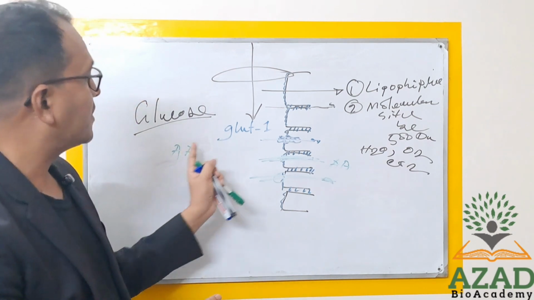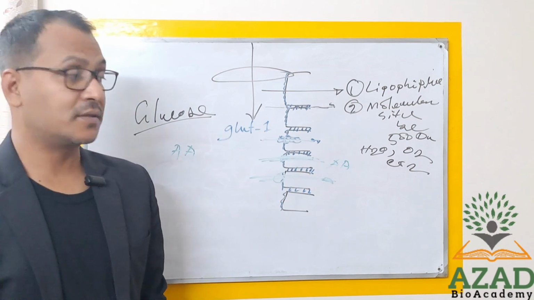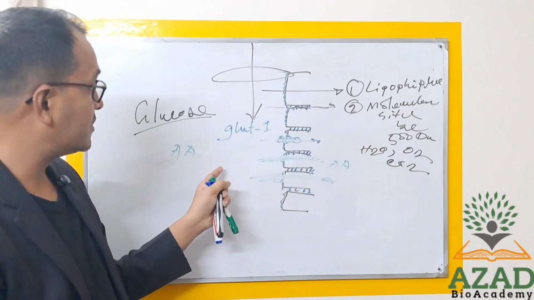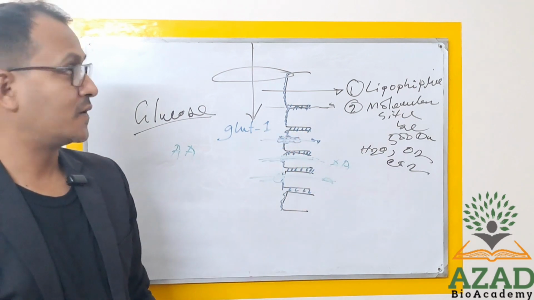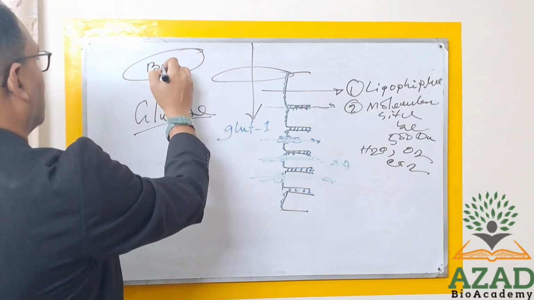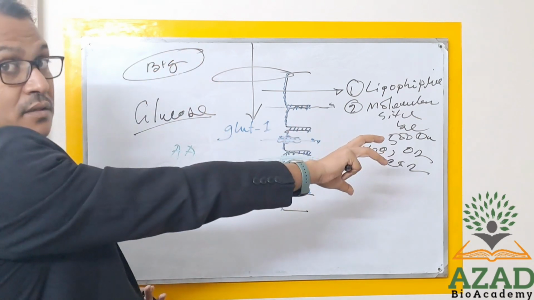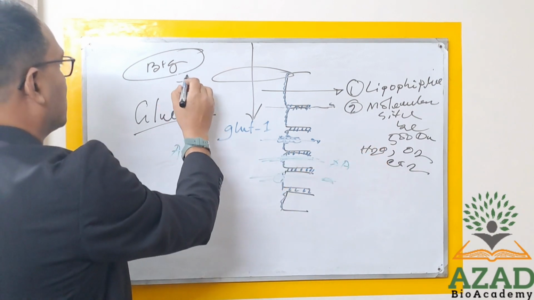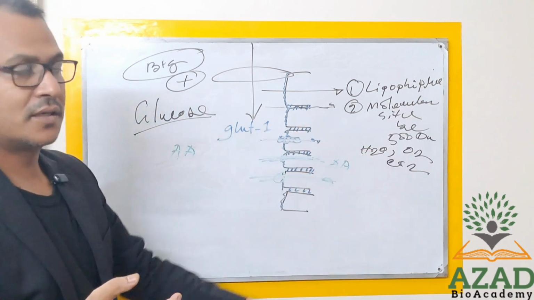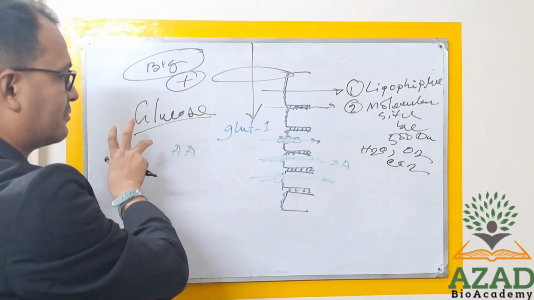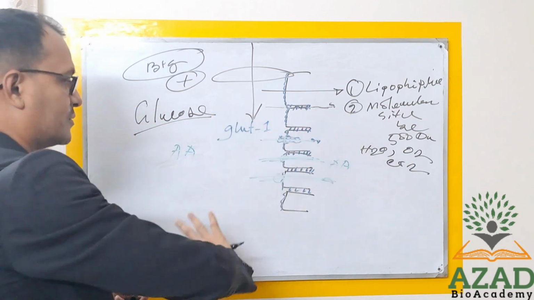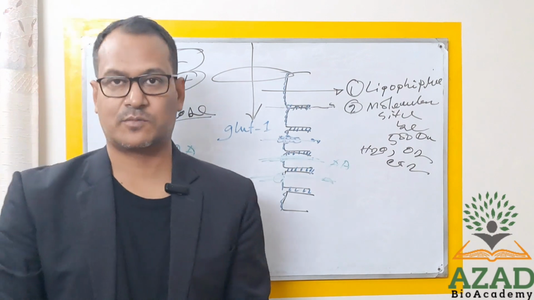Which substance can easily pass, already I said. And which substances cannot easily pass? A very big molecule cannot pass through it. A highly charged, polar molecule cannot pass easily. Those molecules can be transported from here to there only through a special type of channel, otherwise not possible.